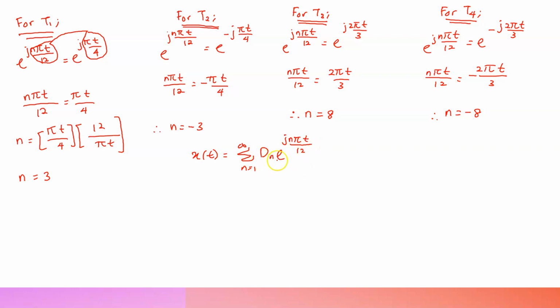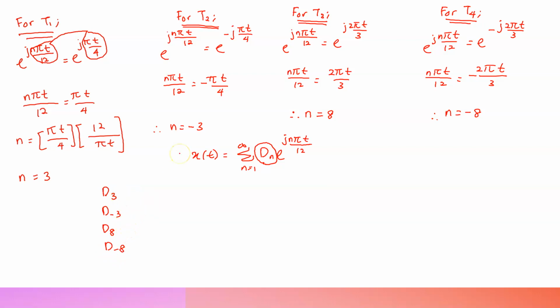So this dn is the coefficient of the exponential Fourier series representation. Now we have n equals 3, minus 3, 8, and minus 8, which means you have d3, d minus 3, d8, and d minus 8. So you want to determine the value of these.